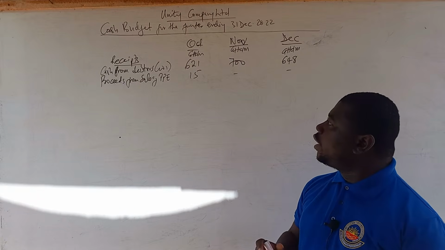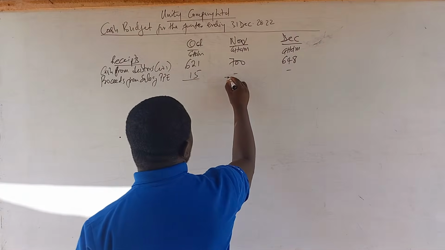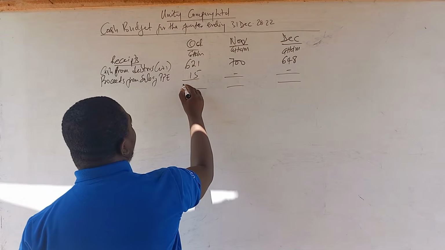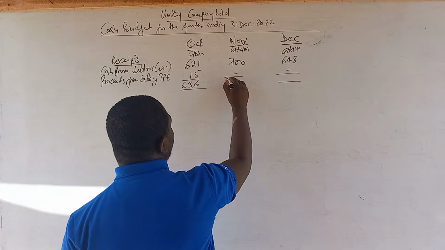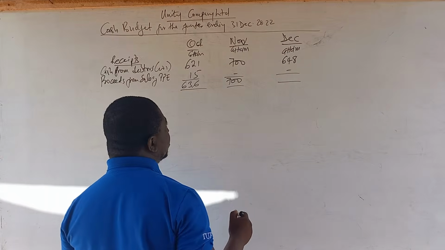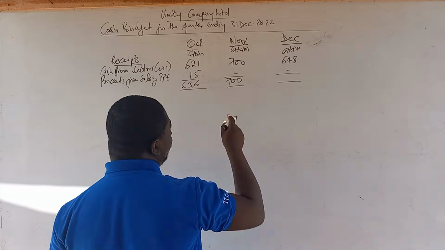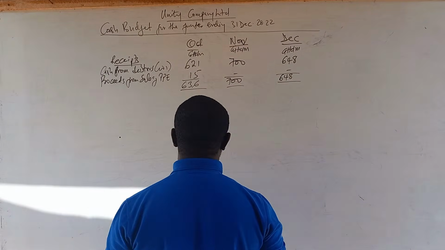And that is the only two receipts that we have. So let us find the total of each of them. So you can see that we have 636 to be the total for October, 700 to be November total receipts, and the same 648 for December.